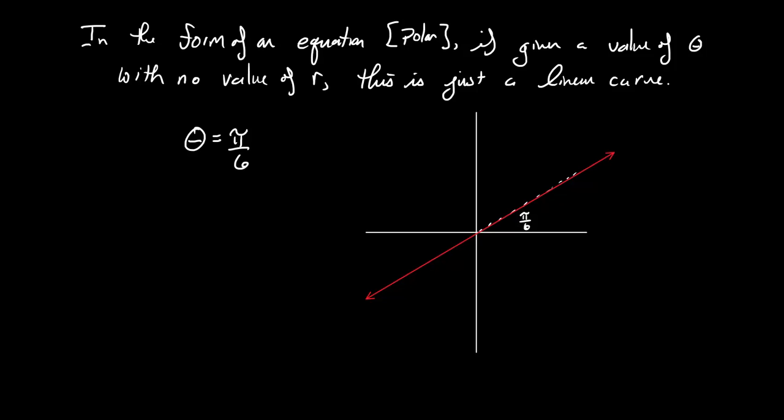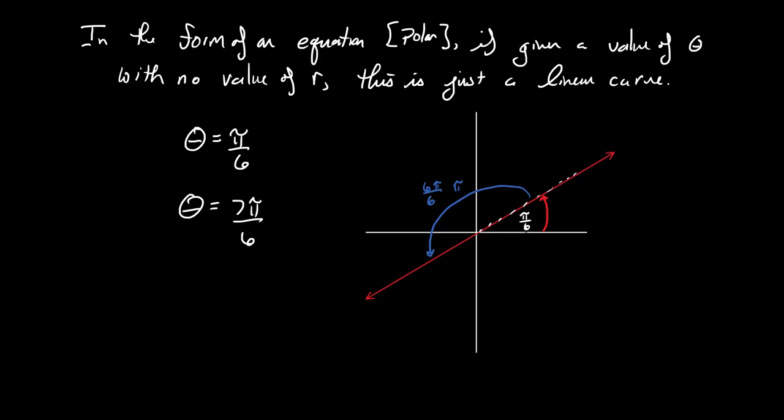Keep in mind that this is not the only way that we could write this line right here. From the initial ray to the value pi over 6 can also be written in a different form. We could also write this as an extension of pi over 6 plus pi. So if we were to travel another value of pi, we could write this line as theta equals 7 pi over 6, because pi is really equal to 6 pi over 6.